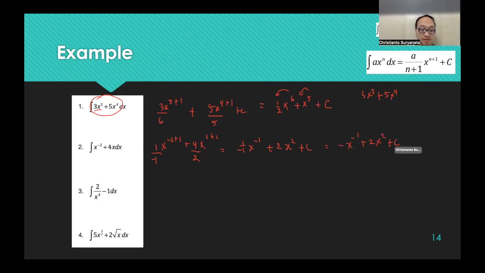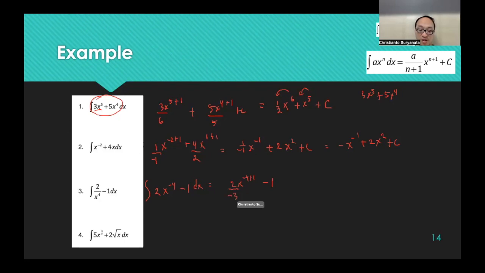Number 3. So we have to change this into 2x to the power of negative 4, minus 1. Integral dx. So this equals 2x to the power of negative 4 minus 1. So I add by 1 divided by the new power, negative 4 plus 1 is negative 3.